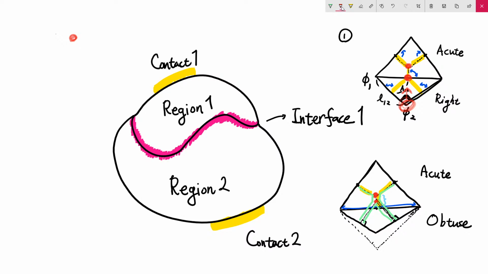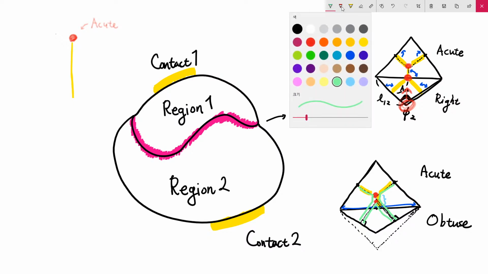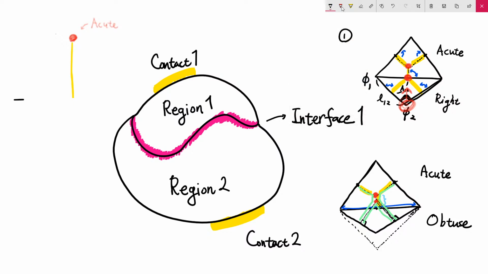This is the circumcenter for the acute one. Then usually we will have this line, and there will be a certain edge corresponding to this area.